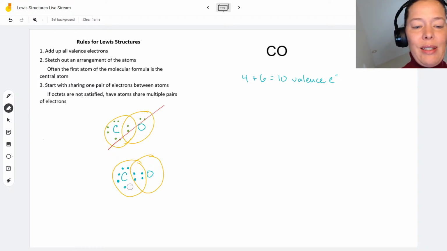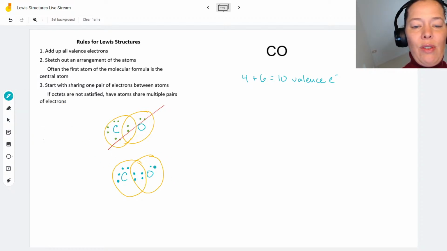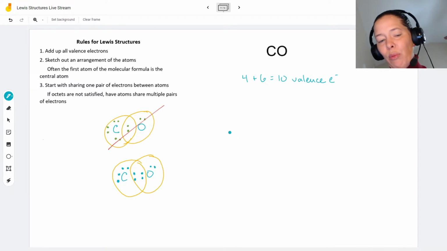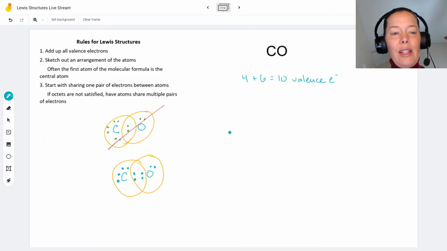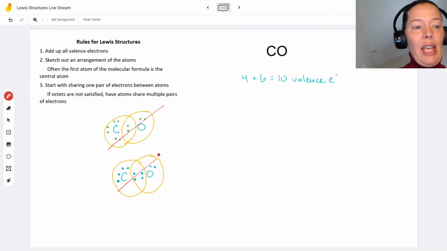So let's erase a lone pair and put this over here next to oxygen. Again, we've improved things. Our carbon now only has 8 valence electrons. Its octet is satisfied. We haven't tried to cram 10 electrons in there, but my oxygen only has 6, so I'm close, but I'm still not there yet.